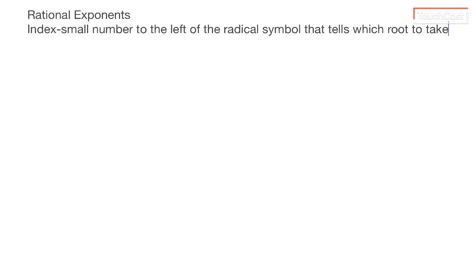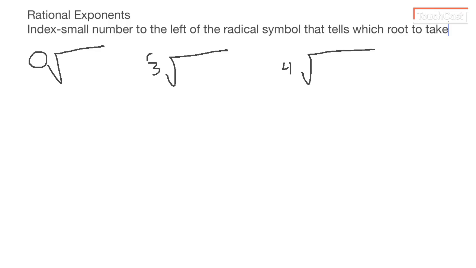So for example, if we had just a square root, a cube root, and a fourth root, the index is the little number right here, and on the square root we don't put that, but the index number is actually a 2. We just don't physically write that.